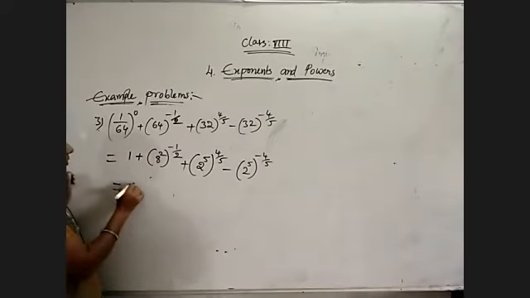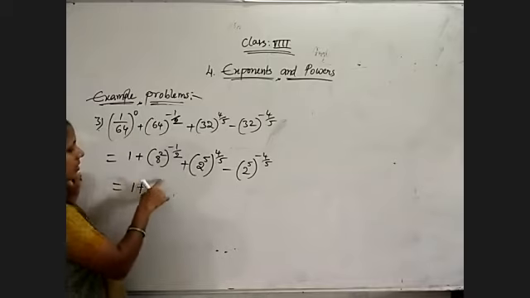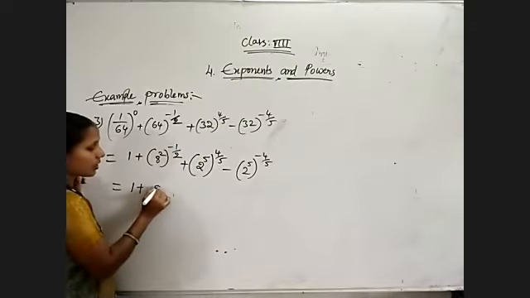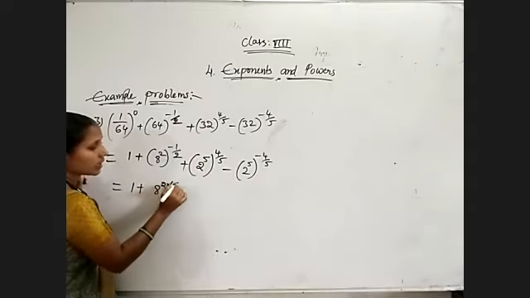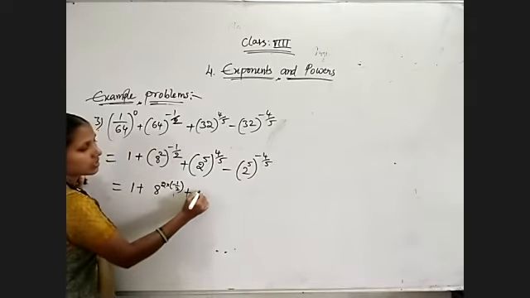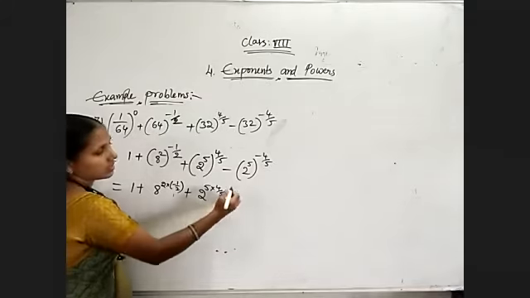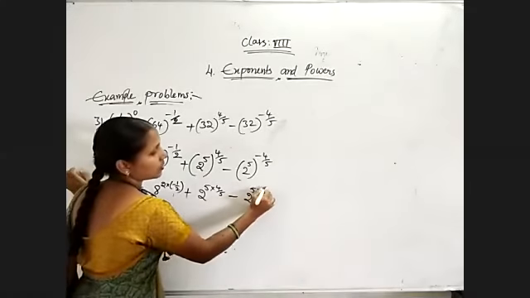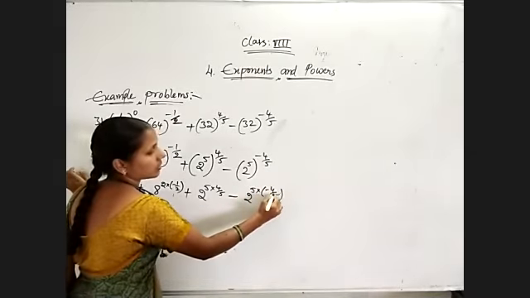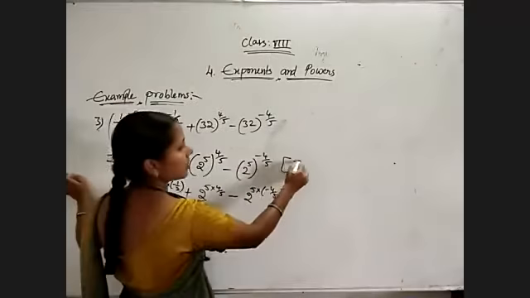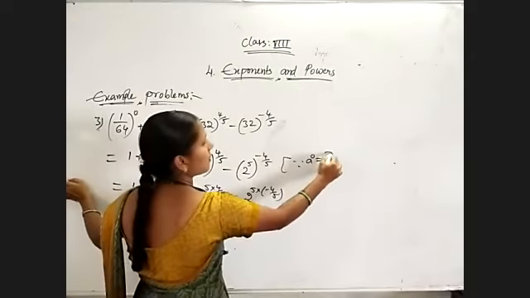So here I have 1 plus (8 power 2) whole power minus 1 by 2, that is a power m whole power n, a to the power of m into n, plus 2 to the power of 5 into 4 by 5, minus 2 to the power of 5 into minus 4 by 5. So here we have used in this step a power 0 is equal to 1, first one.